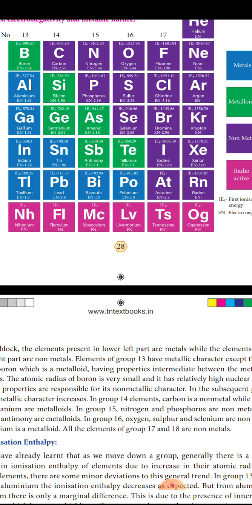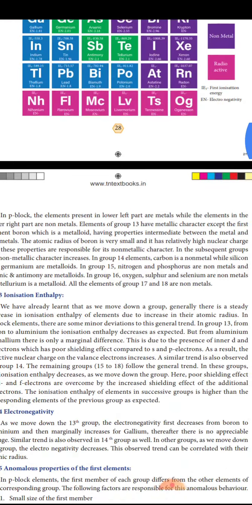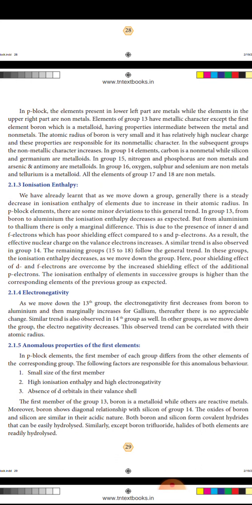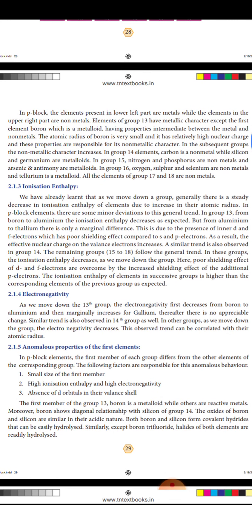See, the electronegativity value 2.04, here 1.61, here slightly increases. What is the reason? Similar trend is also observed in group 14 as well.